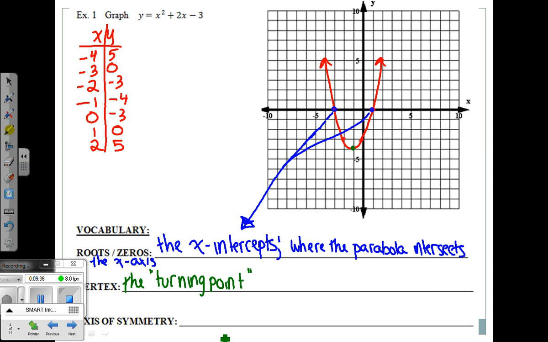In this case, the vertex is at the bottom. It's the lowest point on the graph. So because it's at the bottom and it's the lowest, it's called a minimum. Sometimes it'll be at the top and it'll be a maximum.